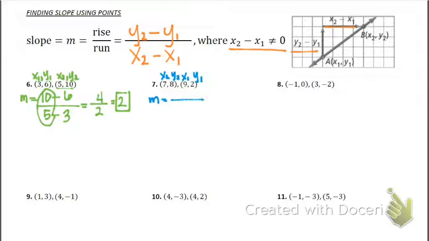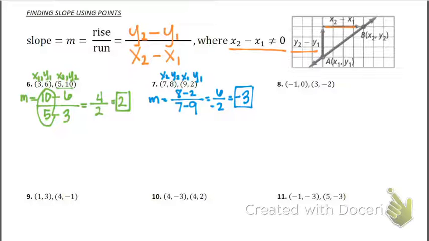So my slope is going to be 8 minus 2 over 7 minus 9. 8 minus 2 gives me 6. 7 minus 9 gives me negative 2, so I get a slope of negative 3. If you did it the other way, you're still going to get negative 3. It's just that you'll have negative 6 over positive 2. But it's going to be the same thing no matter what.